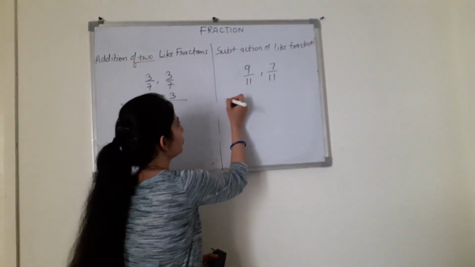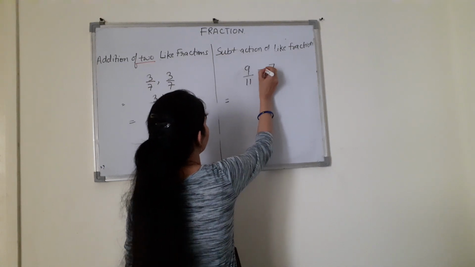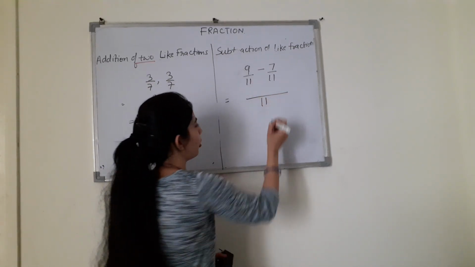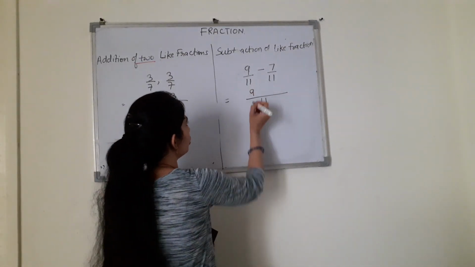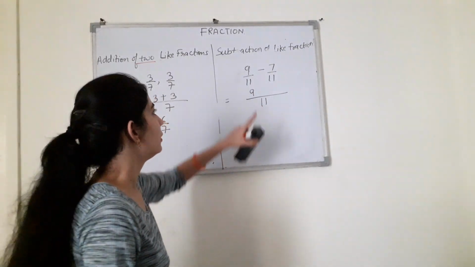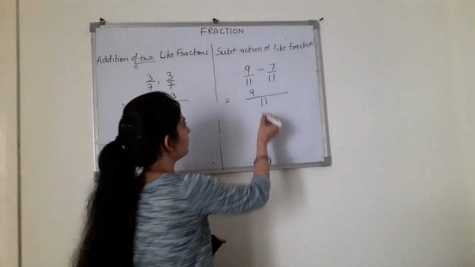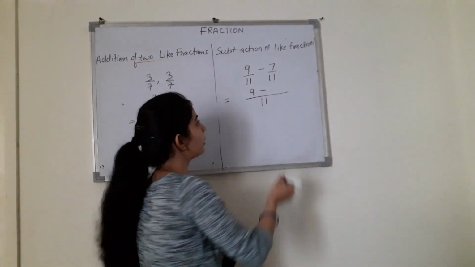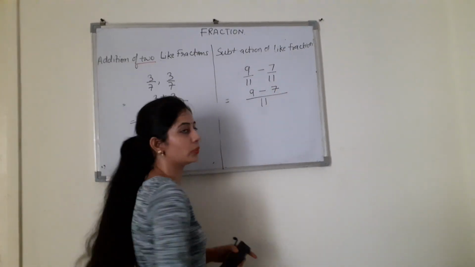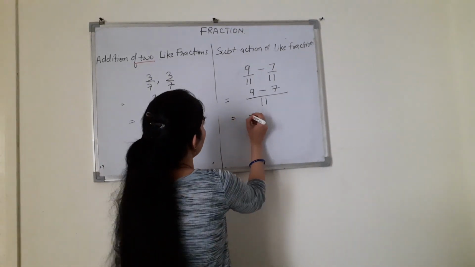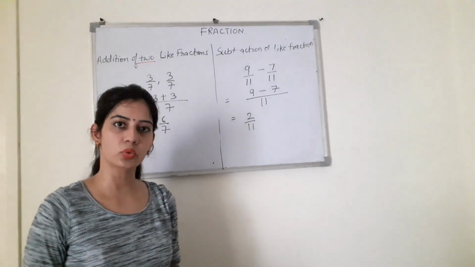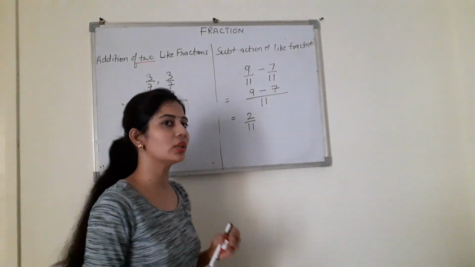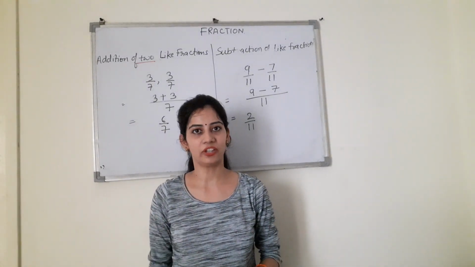So what we will do to subtract them, we will write the denominator as it is and then write the numerator values: first is 9, then the minus sign, then the second numerator value is 7. So it will be 2 by 11. Right? So in this way we do the addition and subtraction of like fractions.